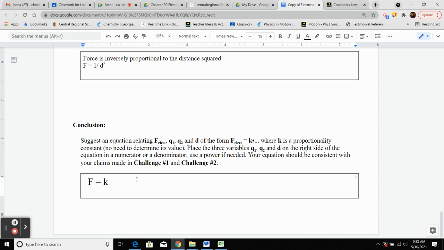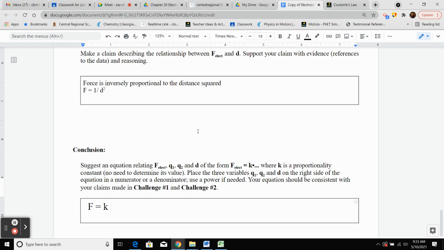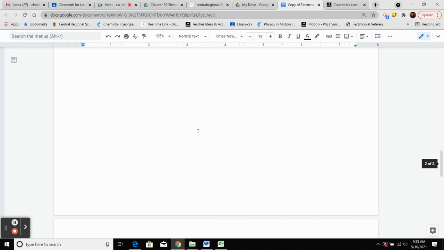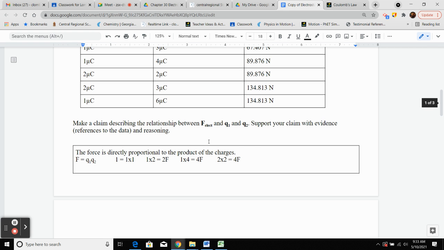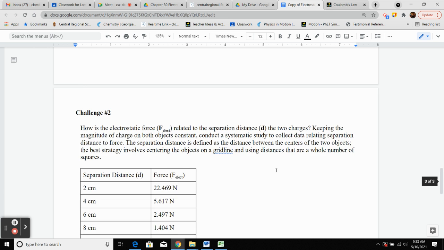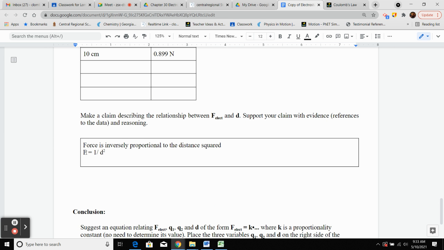K. Now, basically, just combine your two equations from part 1 and part 2. Challenge 1 and challenge 2. What was our equation in challenge 1? Did we not make one? F equals Q1 times Q2. And over here, we said F is equal to 1 over D squared.